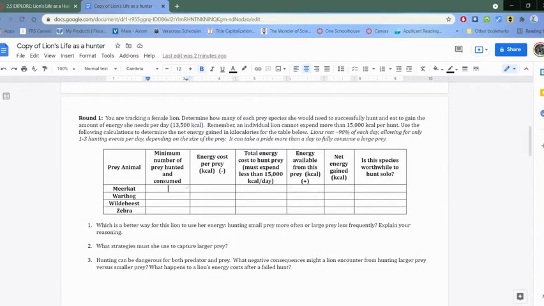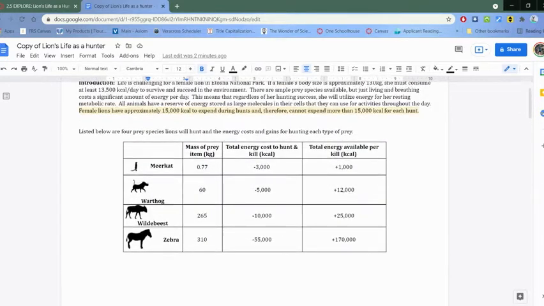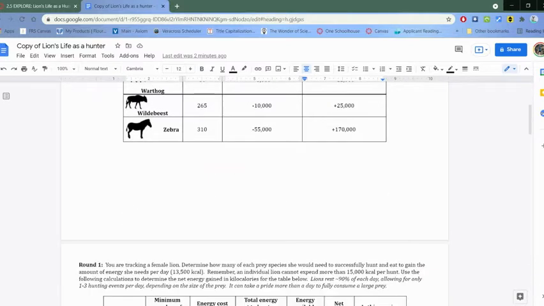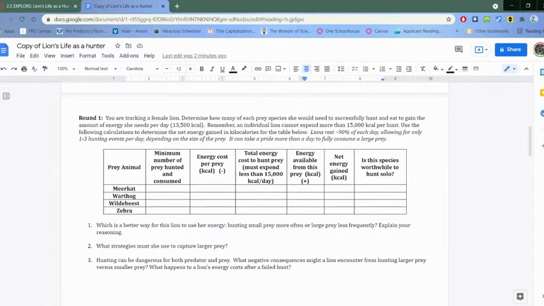What's the minimum number of meerkats I would need to hunt and consume? I can look up here, and I'm able to get 1,000 calories for every meerkat that I consume. So to get a minimum of 13,500 calories, I would need to consume 14 meerkats.